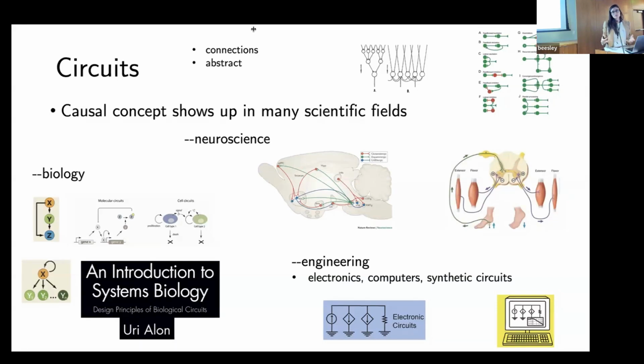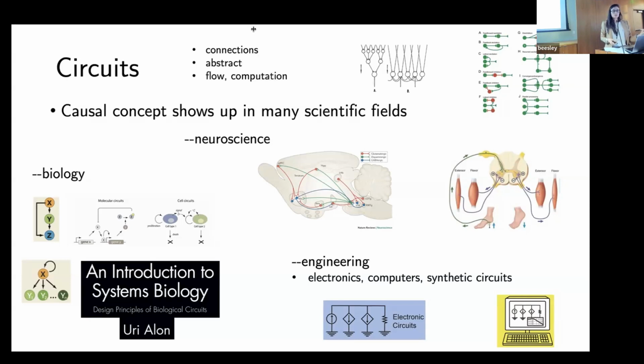It's also the case that these causal representations and illustrations are very abstract. There is a large amount of lower level detail that's not showing up in these systems at all. We have no detail about ion channels, about ions. We're getting a much higher level representation of causal elements in the system.